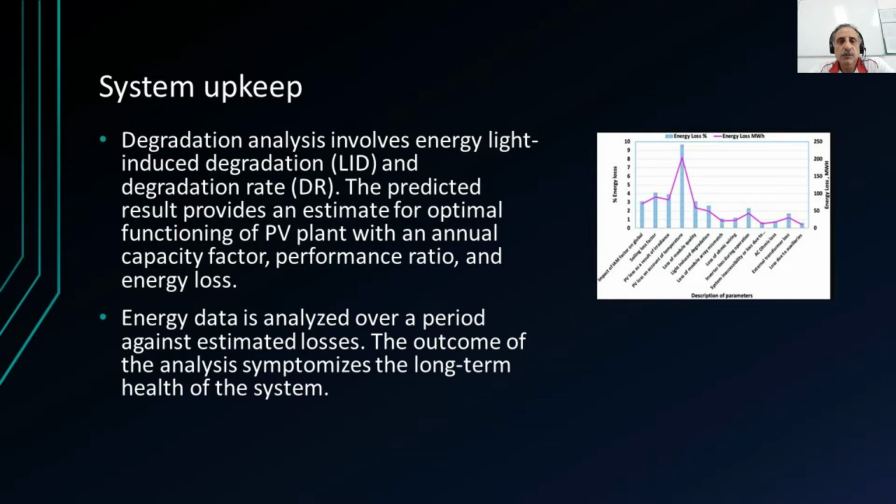In terms of the long-term performance of the solar PV systems, it is well known that the life of a solar panel is finite, which is about 20 to 25 years, which also gives rise to another factor, that there is a gradual degradation of output from the solar panels.